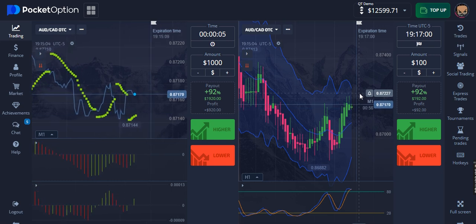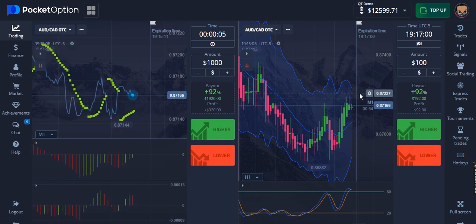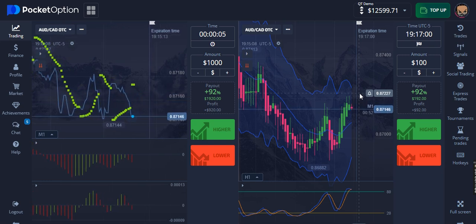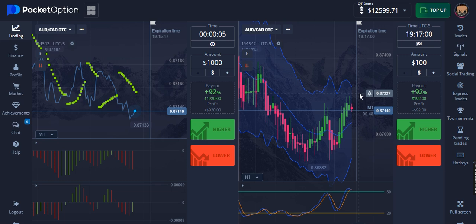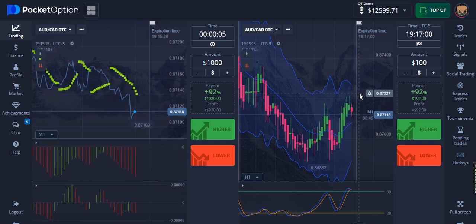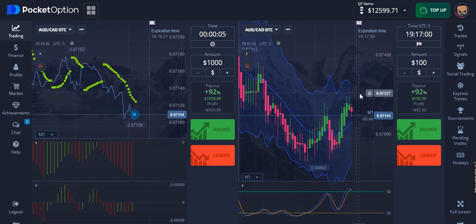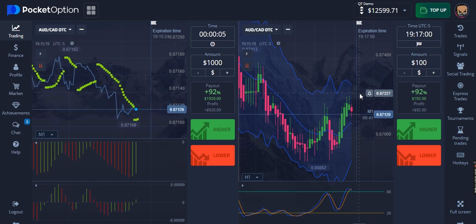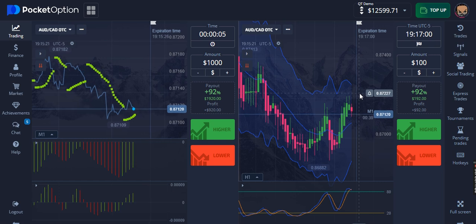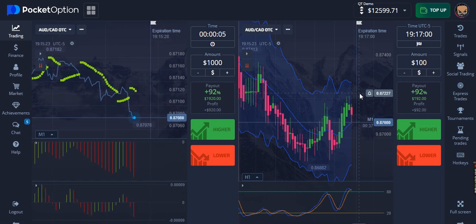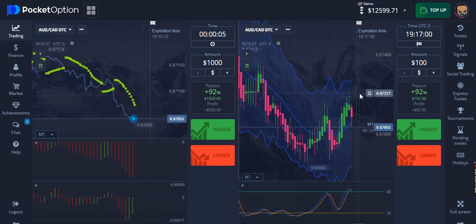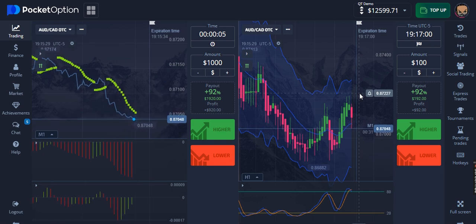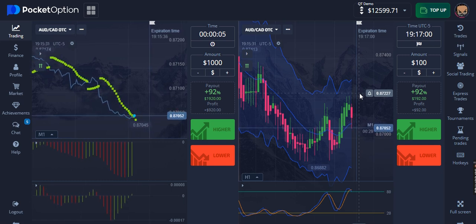Now, I also added an extra indicator, which is the accelerator oscillator, which adds a little flair to the strategy. It's a little different, but I will explain the way that I'm using it as well. But first, let me just show you guys the basics of the strategy once again.